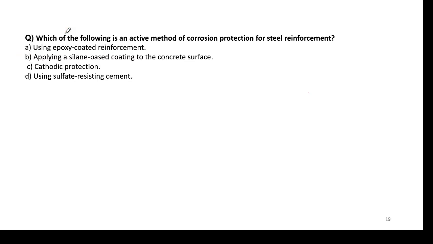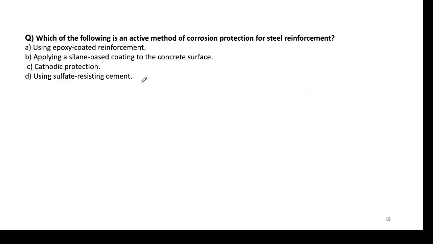Okay, let's see the next question. Which of the following is an active method of corrosion protection for steel reinforcement? There are passive and active protection methods. The options are: using epoxy coated reinforcement, applying a silane based coat to the concrete surface, cathodic protection, using sulfate resistant cement.